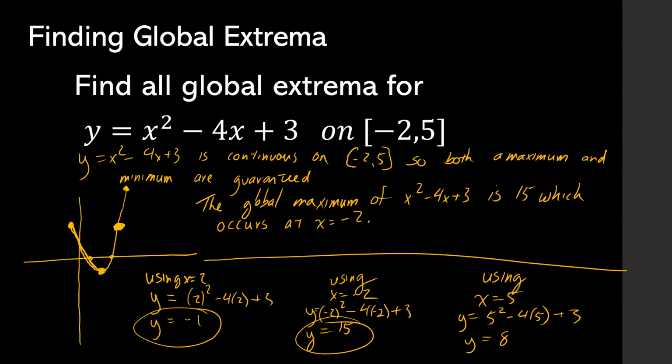What am I going to write for my next sentence about the global minimum? The global minimum, the lowest y value of x squared minus 4x plus 3, is -1, which occurs at x equals 2.